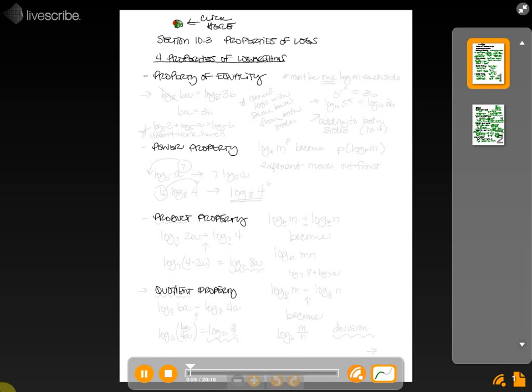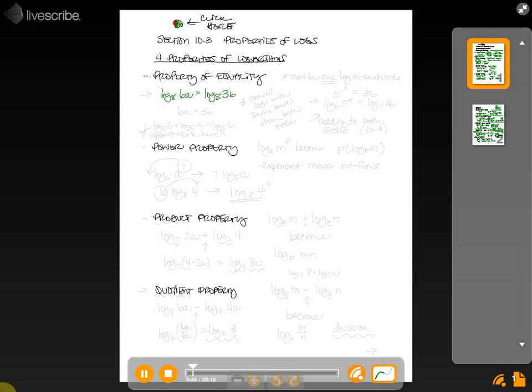The first property we're going to look at is called the property of equality. Now, we've used this before. The property of equality is when we have a log with the same base on both sides. So suppose we have log base 8 of 6a equal to log base 8 of 36.